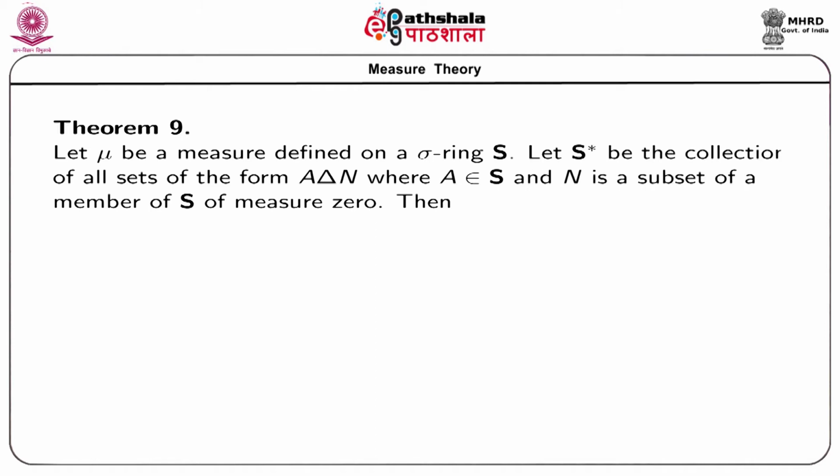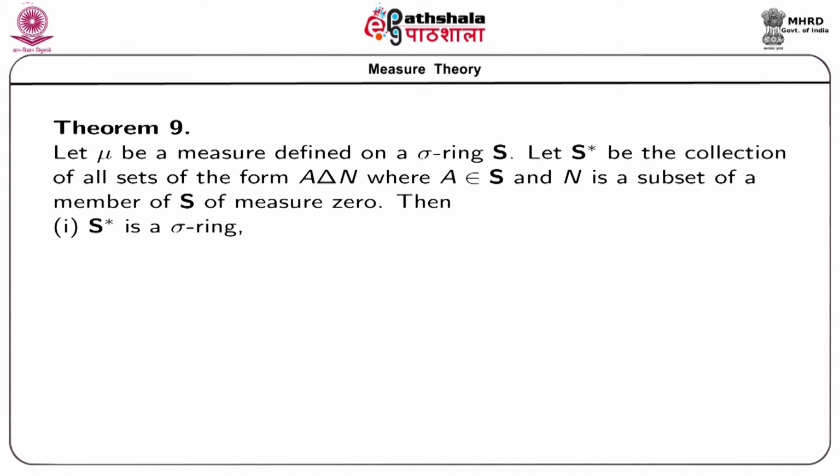So, this is our main theorem in this module. Let mu be a measure defined on a sigma ring S. Let S star be the collection of all sets of the form A delta N, where delta stands for the symmetric difference, A belongs to S and N is a subset of a member of S which has measure 0.